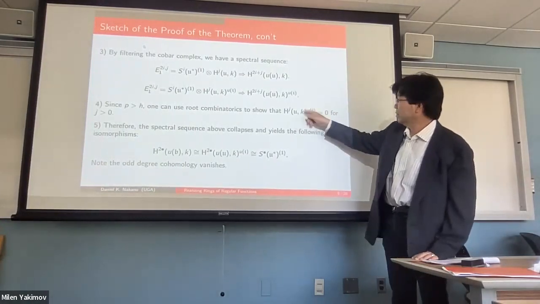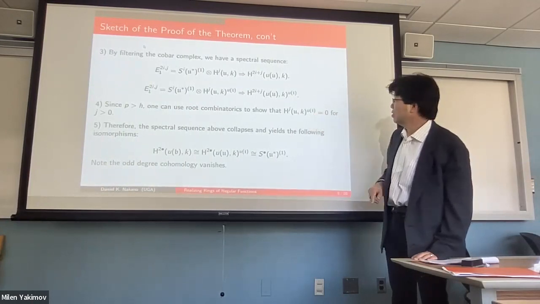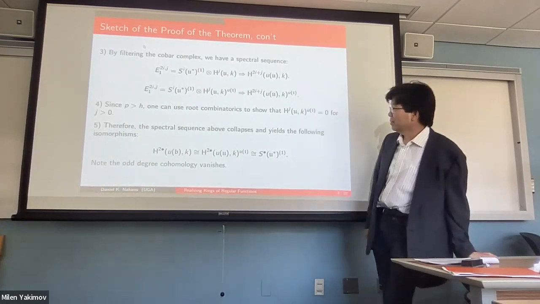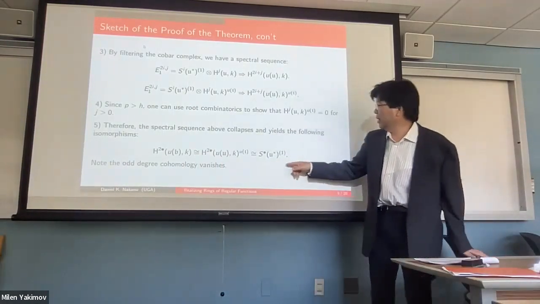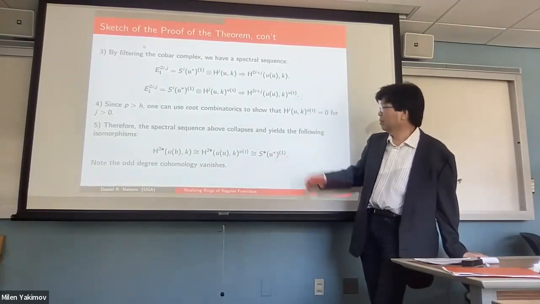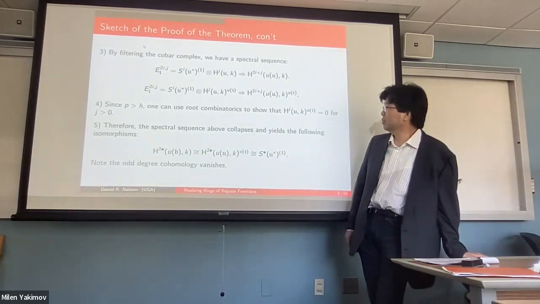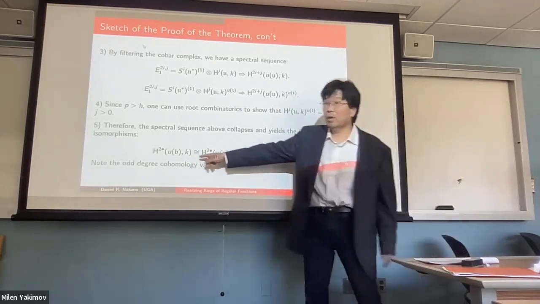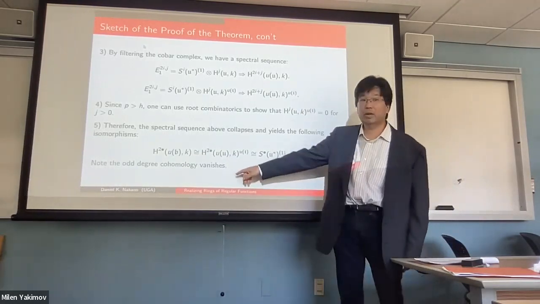This is like the exterior algebra dual, and then you can show that the fixed points under here are 0 unless j is equal to 0. So this spectral sequence now collapses. Remember this is the old result. So all you get is the symmetric algebra here, the polynomial algebra. Forget the twist, it's just a polynomial. So we have two spectral sequences collapsing, and now the B cohomology is computed as just the polynomial algebra. And note that the odd degree cohomology vanishes.